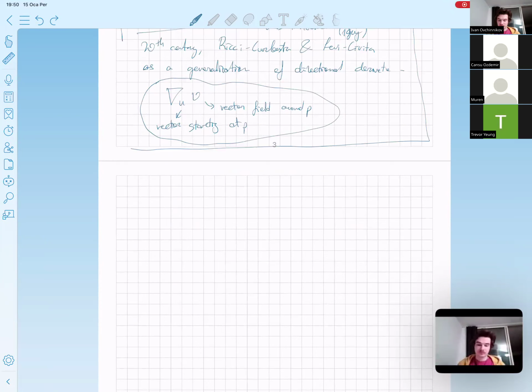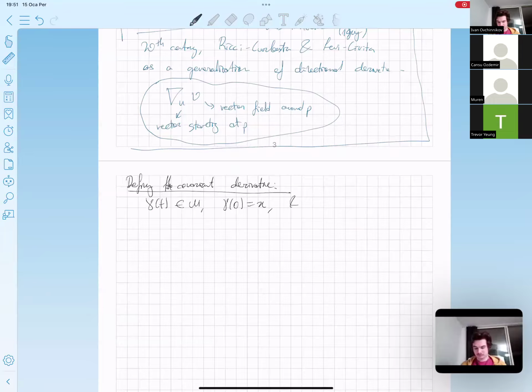So our problem was that we couldn't define directional derivatives on these bundles. So, okay, I have to go back to black. Defining the covariant derivative. What do we know? We are given these data. And this, but this is actually at 0.